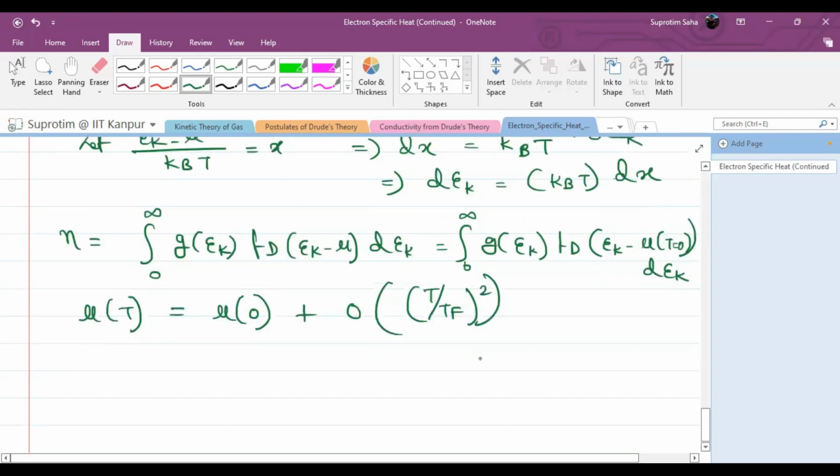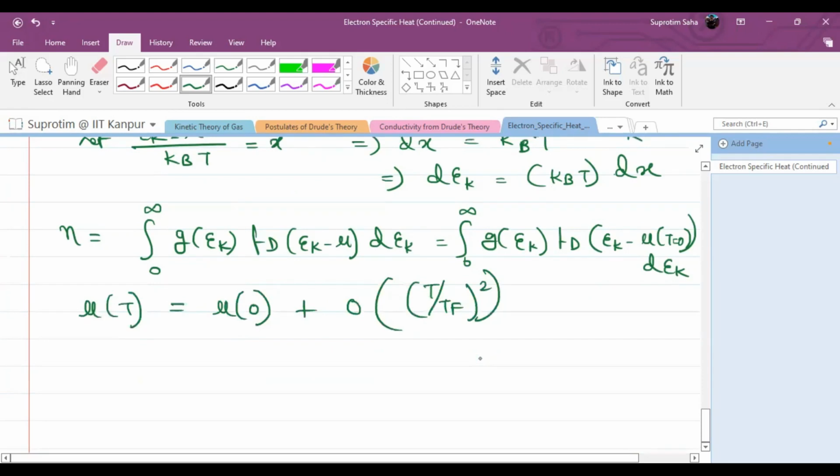So we already estimated that T by TF is of the order of 10 raised to minus 2. Squaring this term will be 10 raised to minus 4, which is even smaller.